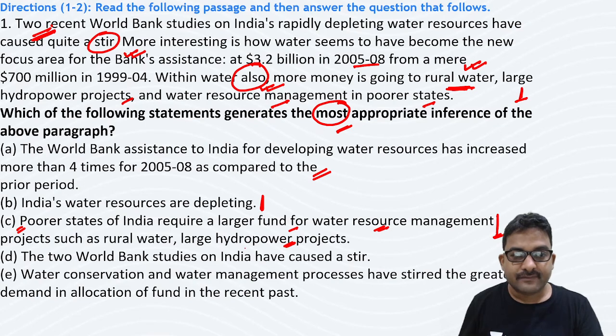And by the logic of these two points, we can easily decode that C is the most appropriate inference of the given passage. The D option says the two World Bank studies on India have caused a stir. Now, see, definitely it is there, so this can also be inferred. Water conservation and water management proposals have stirred the greater demand in allocations. So this is out of context. So the right option according to the given expression is option C.